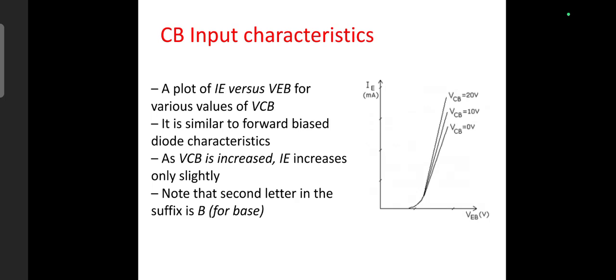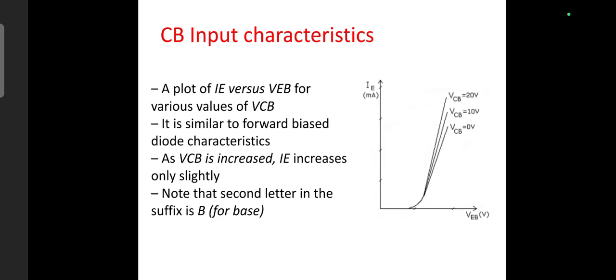Next we will see common base input characteristics. This graph shows the input characteristics of the common base configuration. It represents the relationship between the emitter current and emitter base voltage for different collector base voltages. The graph is very similar to the forward characteristics of a diode because the emitter base junction is forward biased. As the input voltage increases, the emitter current also increases rapidly.